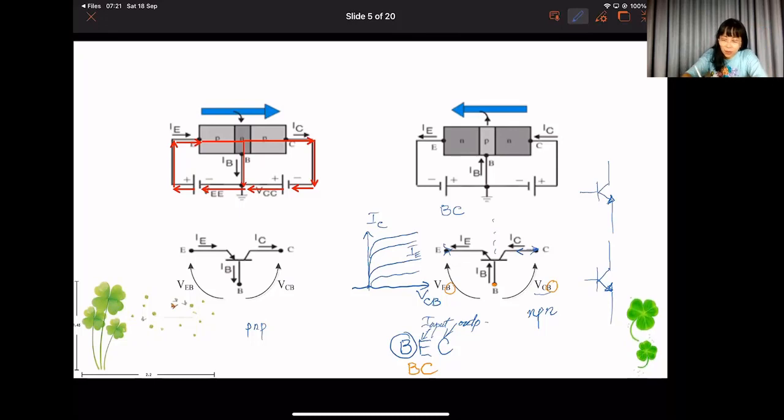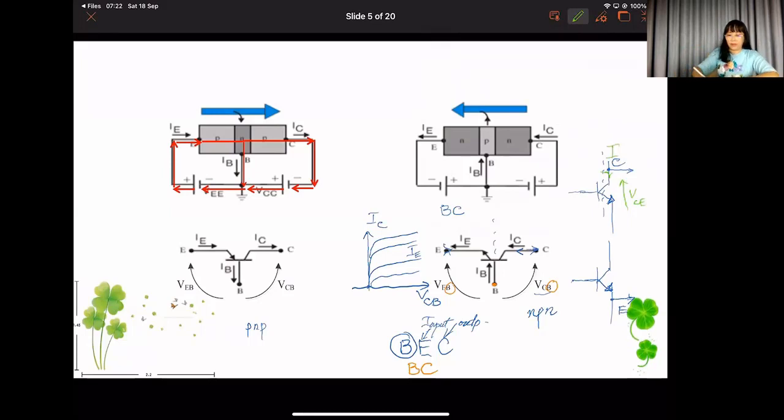And in these two positions, one time we take the output here, C, and the second time we take the output here, E. You can see VCE, and of course the collector current.